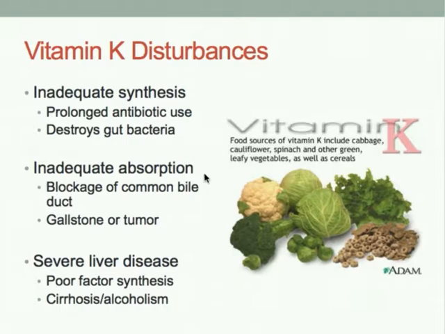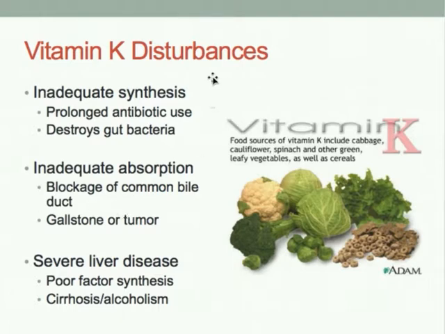Again, inadequate absorption could be due to blockage of the bile duct. So the liver makes bile and it flows out through the common bile duct. That can be blocked either by a gallstone that's impacted in the ampulla of Vater or from a liver tumor that's now blocked outflow.